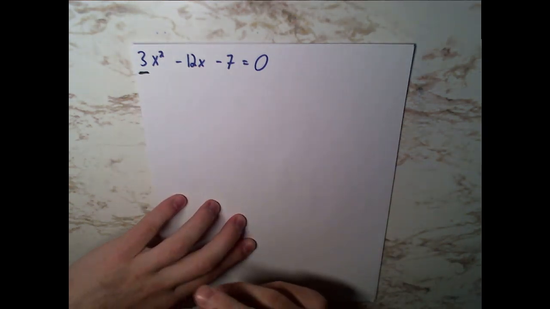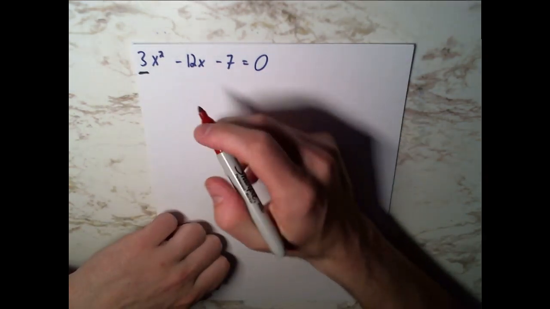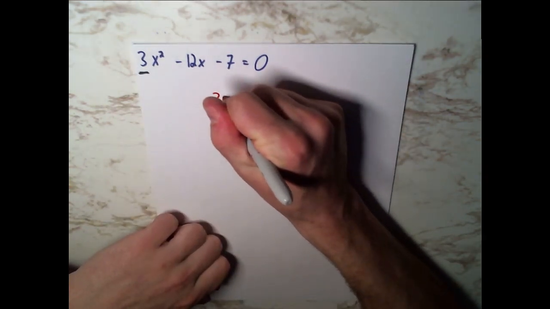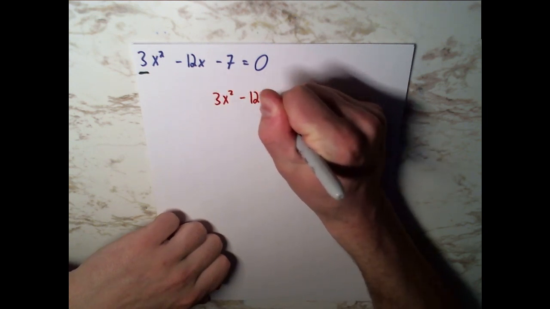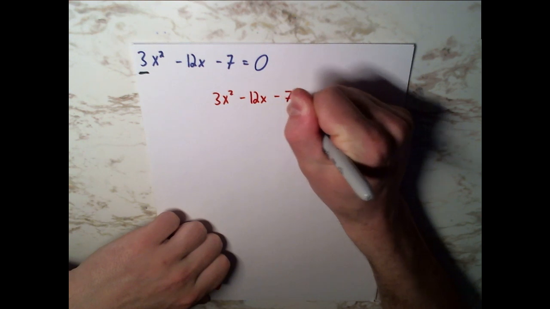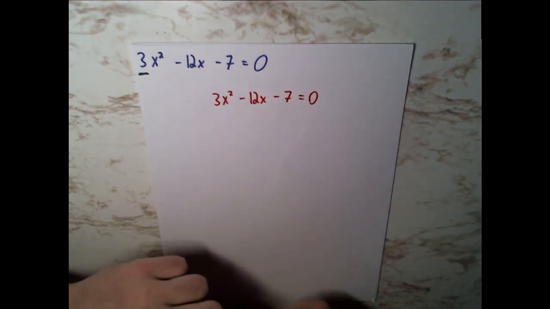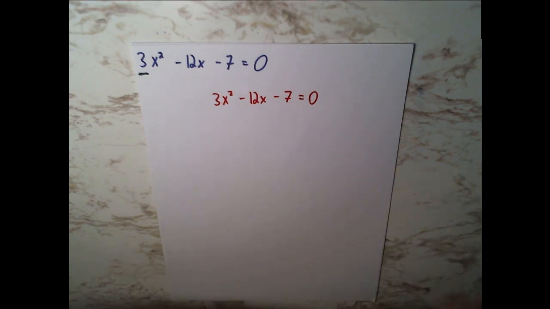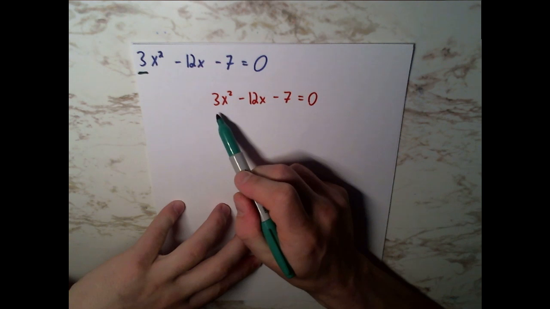So how we're going to do that is we're going to take our equation here, so I'm going to rewrite it. 3x squared minus 12x minus 7 equals 0, and we're going to multiply it by a number that makes this a term equal to 1.